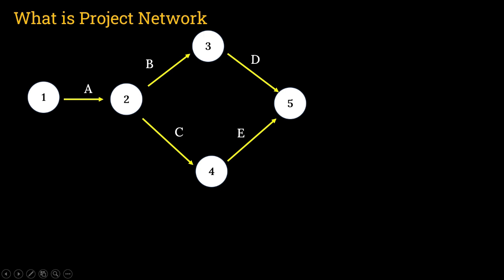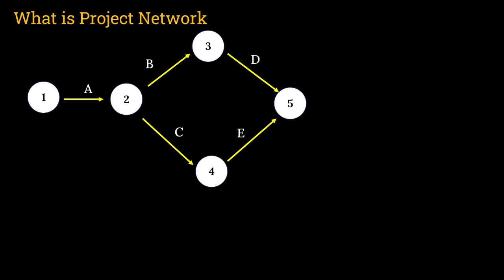B and C can start only when A is completed, not before that. Once B is completed, then D can start, another activity denoted with an arrow. And once C is completed, then the activity E can start, and D and E both can be completed at this point to complete the entire project. Okay, this is a network.